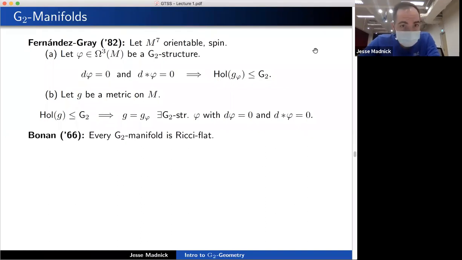Another reason one might be interested, other than just holonomy, is, as I said before, that every G2 manifold is Ricci flat. This is a classical theorem of Bonan. How would you prove this? Well, there's a straightforward way: you take the Ricci tensor and use G2 geometric identities, and eventually you show that the Ricci curvature is in fact 0.